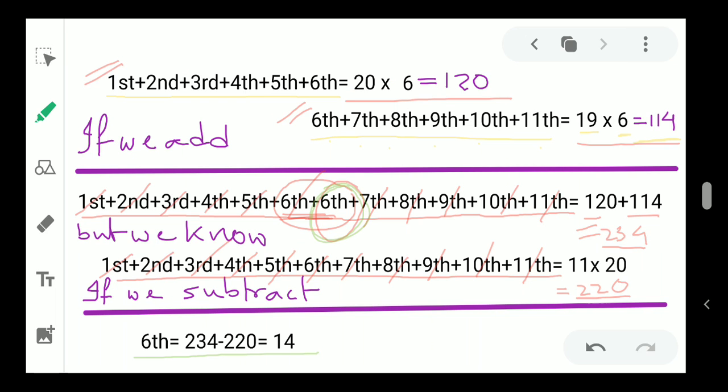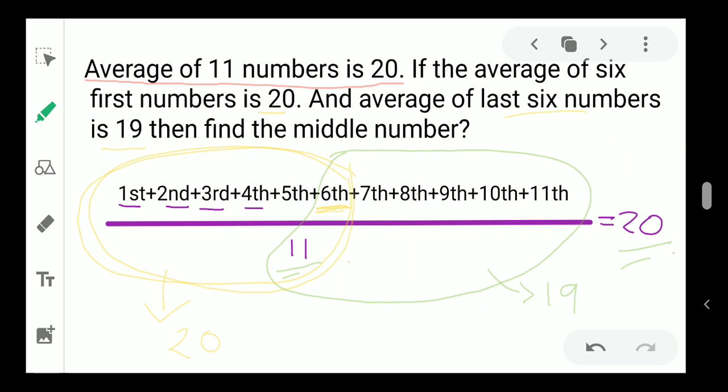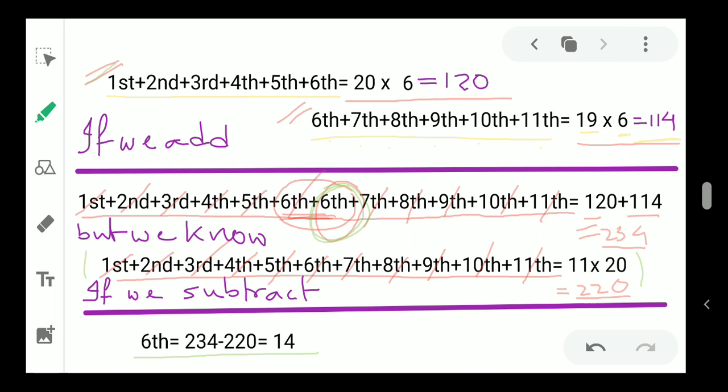Then I found the total of all the 11 numbers, and with the help of the average of the first 6 numbers and the average of the last 6 numbers, I found these two totals. Then I added them to see what happens. So I got the sum of 12 numbers, minus the sum of the 11 numbers. So one number is extra, and that is my 6th number. So I got it.